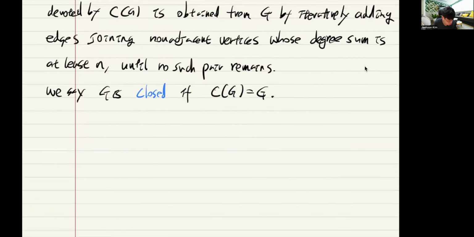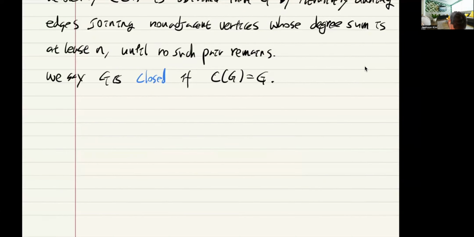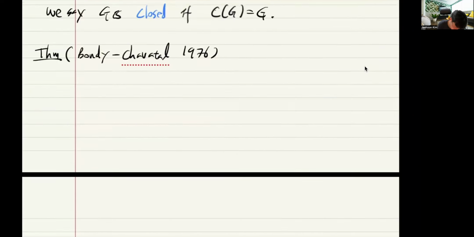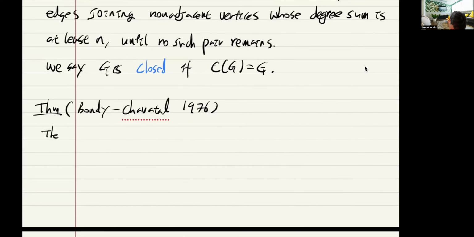Okay, this is a concept, but we need to check that this closure is a well-defined concept, meaning that when you add edges between non-adjacent vertices, there are several ways to add. There could be more than one pair that you can add edges to, and the order of adding does not matter. It always gives you the same closure. We can prove it.